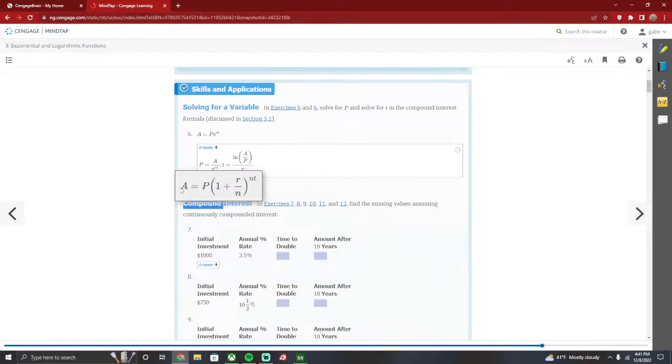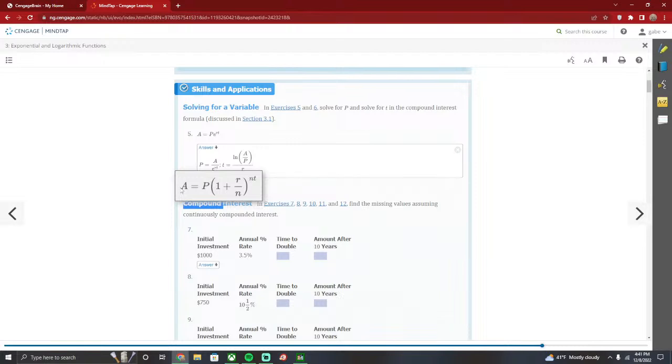Now it's time to solve it for T. This is going to have mostly the same effect. What you do is you start off with A equals P times 1 plus R over N to the NT, and you need T at this point. And then you just do the same thing, but replace e in this whole thing with that whole shebang.